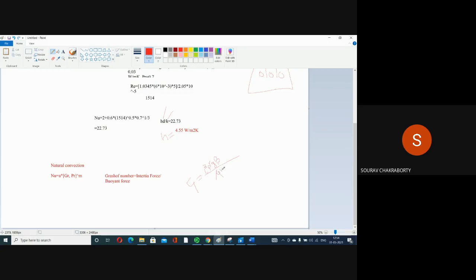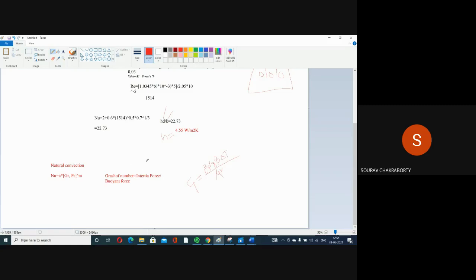So this particular expression is for your Grashof number. L cube rho square into g into beta into delta T divided by mu square.